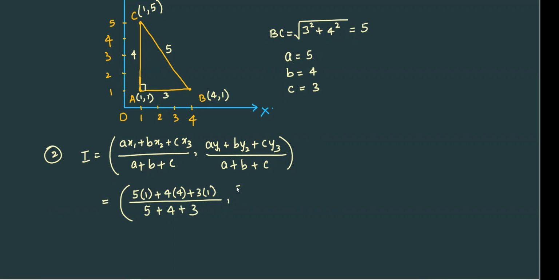And for this one, a is 5 times y1, which is 1, plus b times y2, which is 1, b is 4, 4 times 1, plus c y3, 3 times 5.